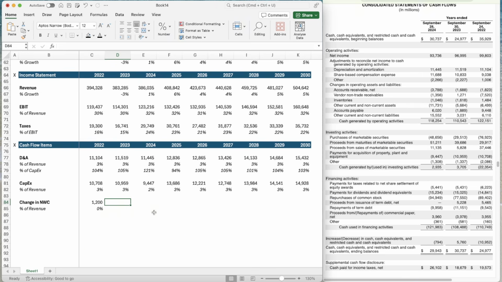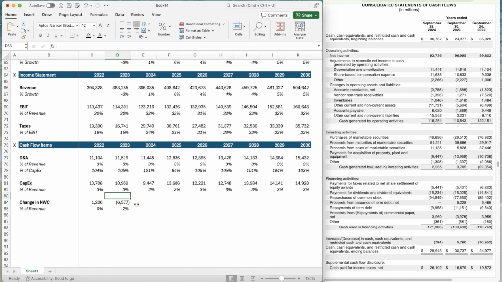Okay. Equals sum minus 1688, 1271, minus 1618, minus 5684, minus 1889, plus 3031. And when change in net working capital is negative, it's actually good for free cash flow, because when you calculate your free cash flow, you add back in depreciation and amortization, you subtract your capex, and then you subtract your change in net working capital.